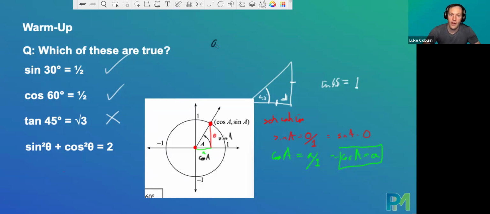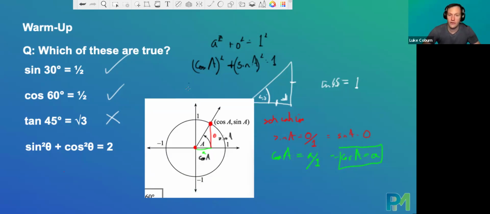So A squared plus O squared is equal to 1 squared, or is equal to 1. That's the same as saying cos of A squared plus sine of A squared is equal to 1.